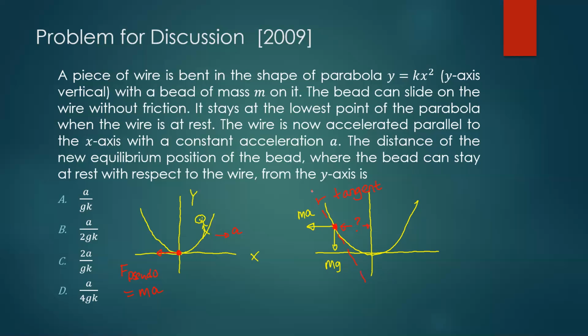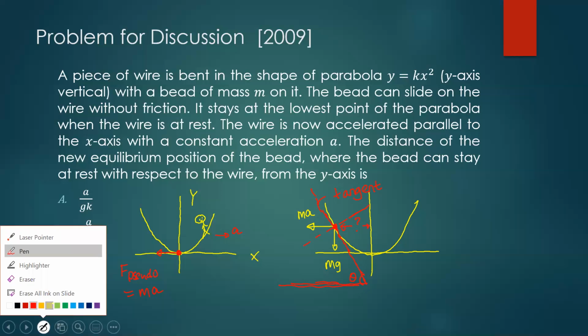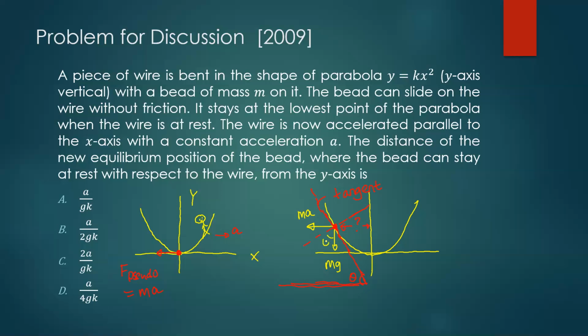If you look at that tangent, if you think carefully, you can actually treat it as an inclined plane. You understand? So the bead is literally on an inclined plane. Let's say this angle is theta. Now if I take a perpendicular, this angle will be theta, and this is 90 minus theta.